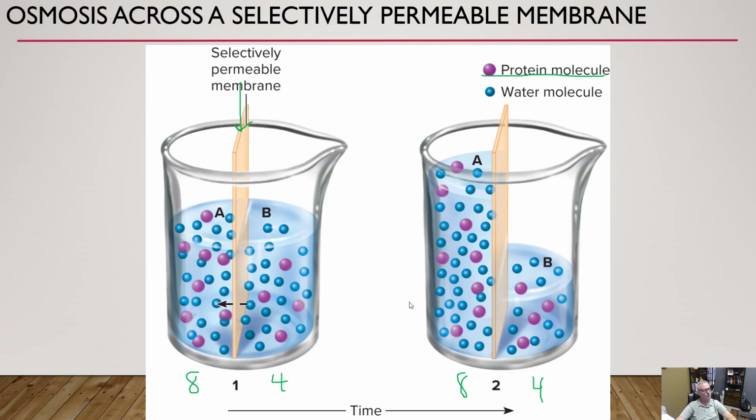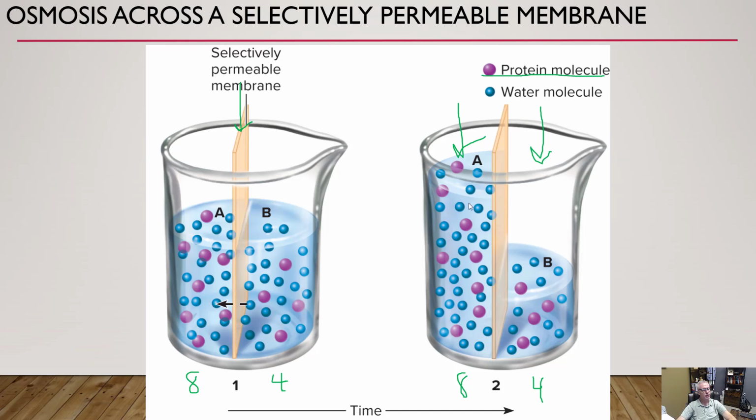We're not going to count up the number of water molecules, but if we did, what we would find is that this would be at equilibrium between A and B over here.